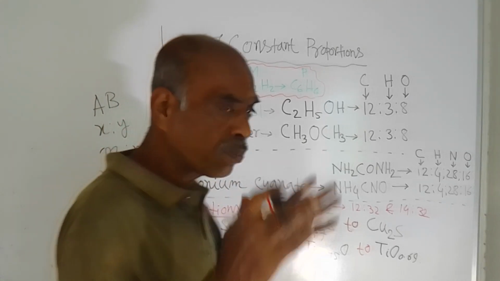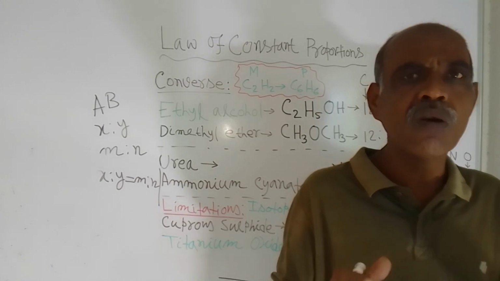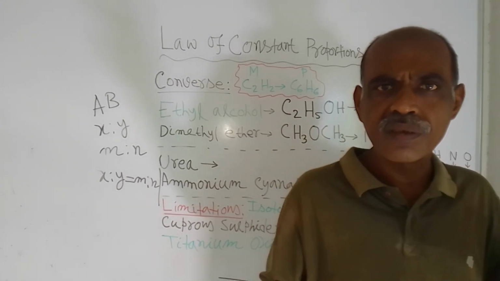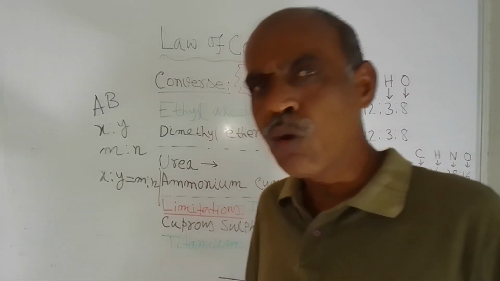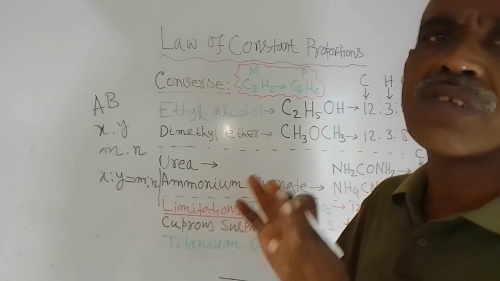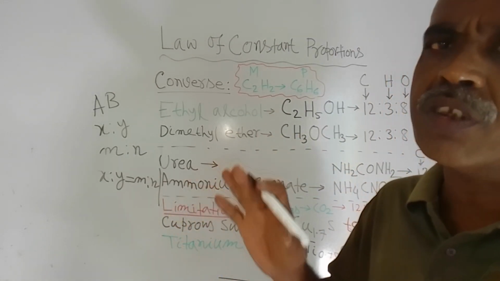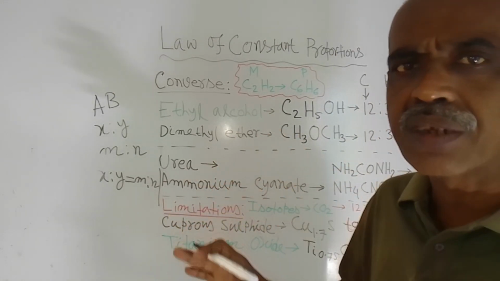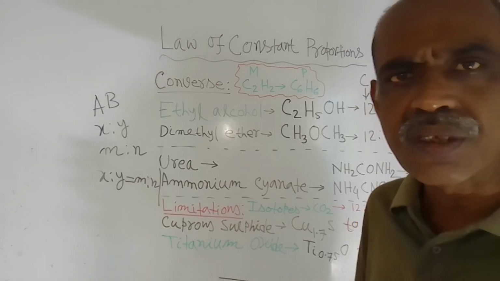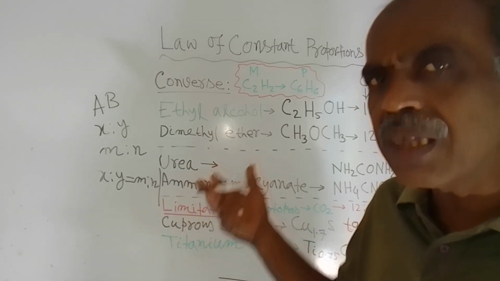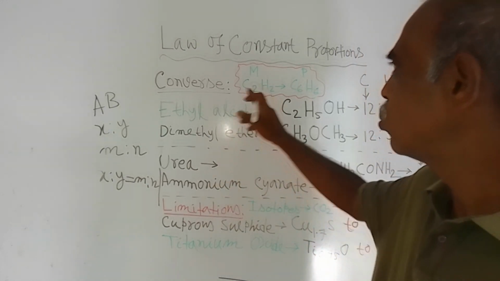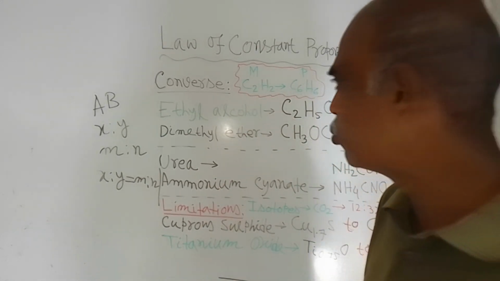On polymerization of acetylene, we get benzene. And we know that both the chemical compounds are totally different. Chemical properties of both the compounds are totally different. There is no similarity between the properties of the two chemical compounds, acetylene and benzene.